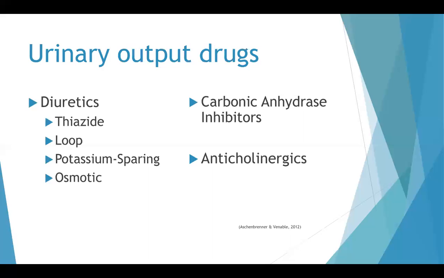So meaning they're prescribed based on what's wrong, but also what we need to happen. These drugs are used to treat blood pressure, edema, CHF, intracranial pressure, intraocular pressure, pressure in the eye, and glaucoma. Carbonic anhydrase inhibitors are mostly used to decrease intraocular pressure, and anticholinergic drugs are used to treat overactive bladder.